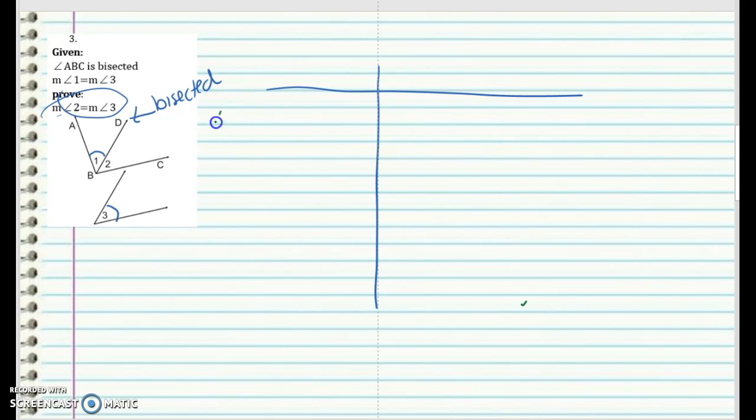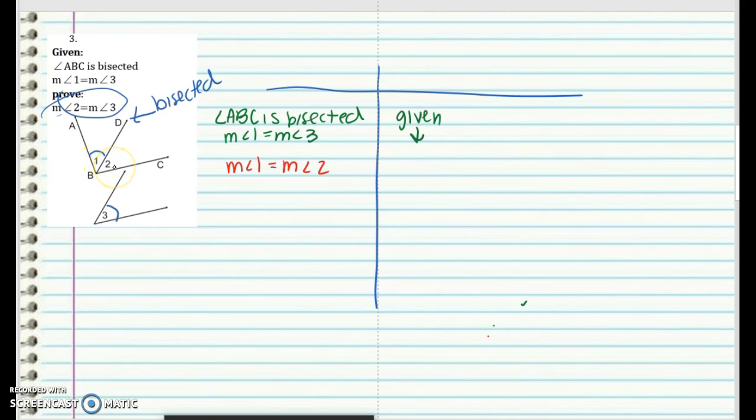Let's write down our givens. You always have to write down your givens exactly how they are written. So yes, we know that ABC is bisected, and that's great, but we have to actually use the fact that ABC is bisected and take an extra step, which seems kind of silly sometimes, but to say the measure of angle 1 equals the measure of angle 2.